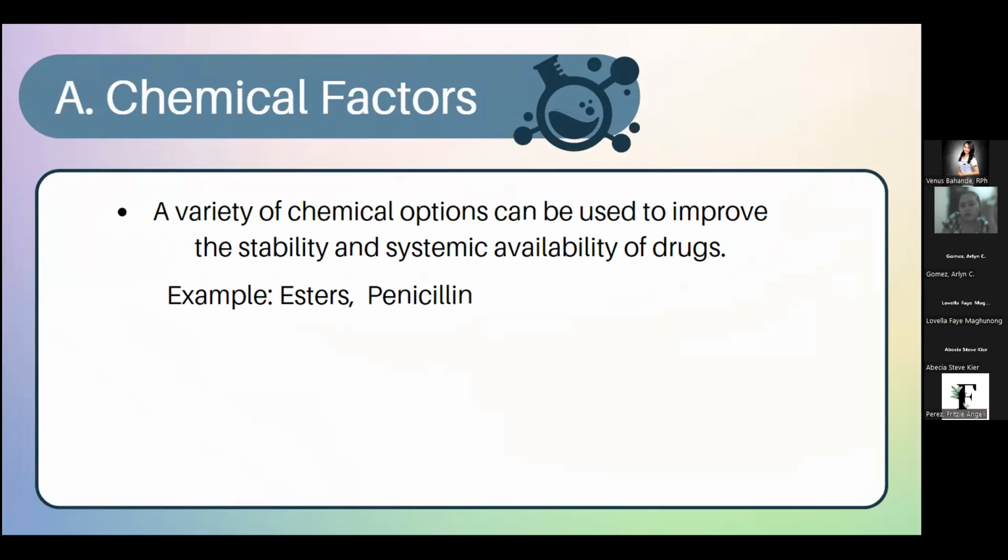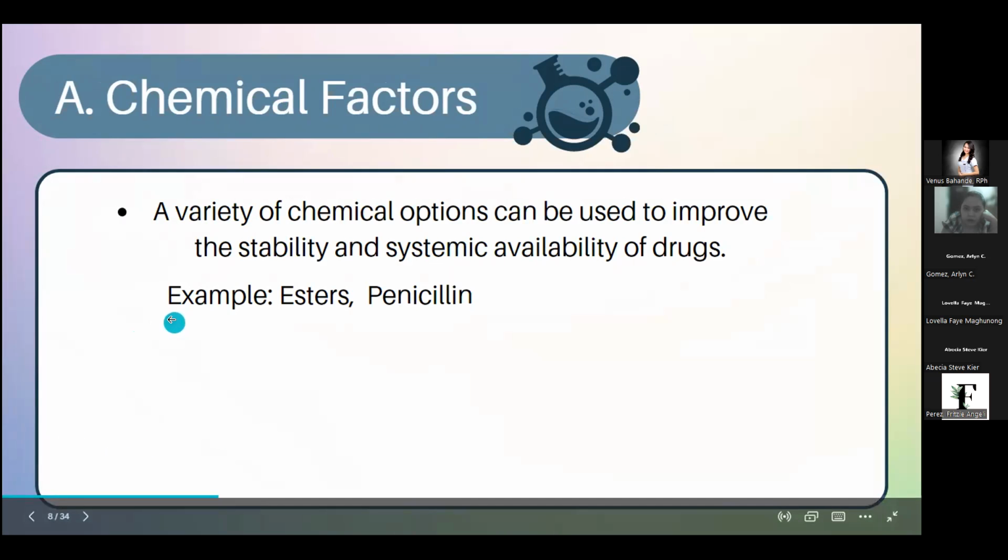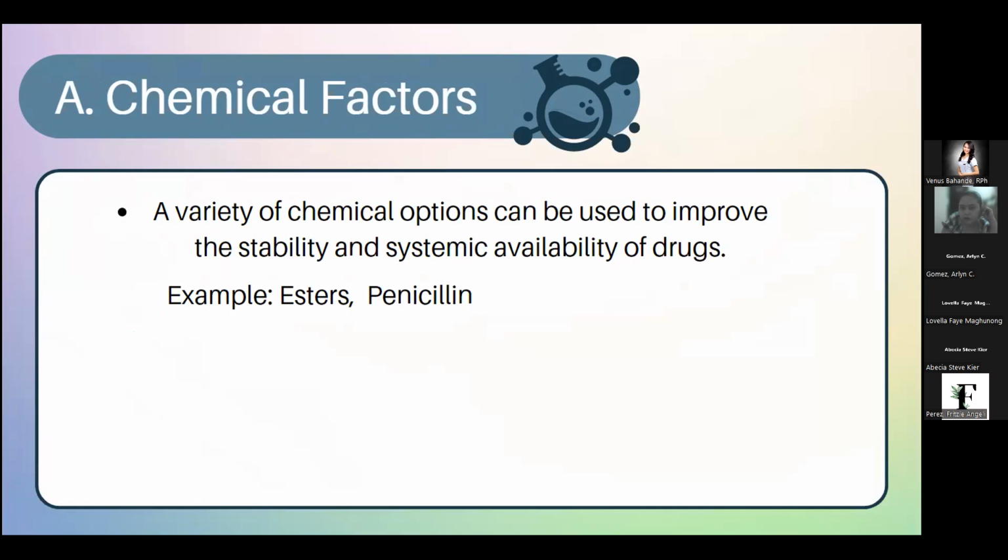For esters, these are prepared as acids and bases, and to produce more stable derivatives, the stability and solubility of both acids and bases will increase when they are in the form of salt. So there is a chemical alteration, or maging salt form siya para mas maging soluble yung drug.